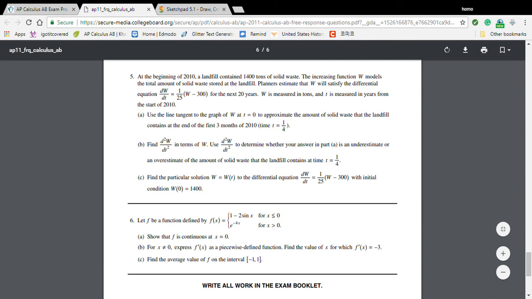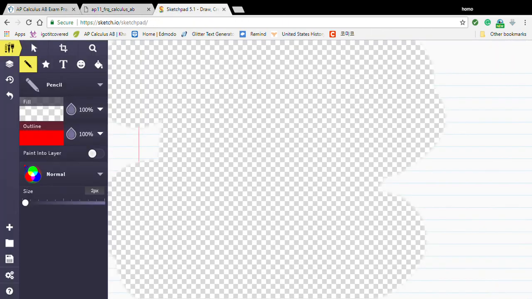Another traditional question. So here we're going to write the equation first. In order to find the derivative of this, we're going to use implicit differentiation.